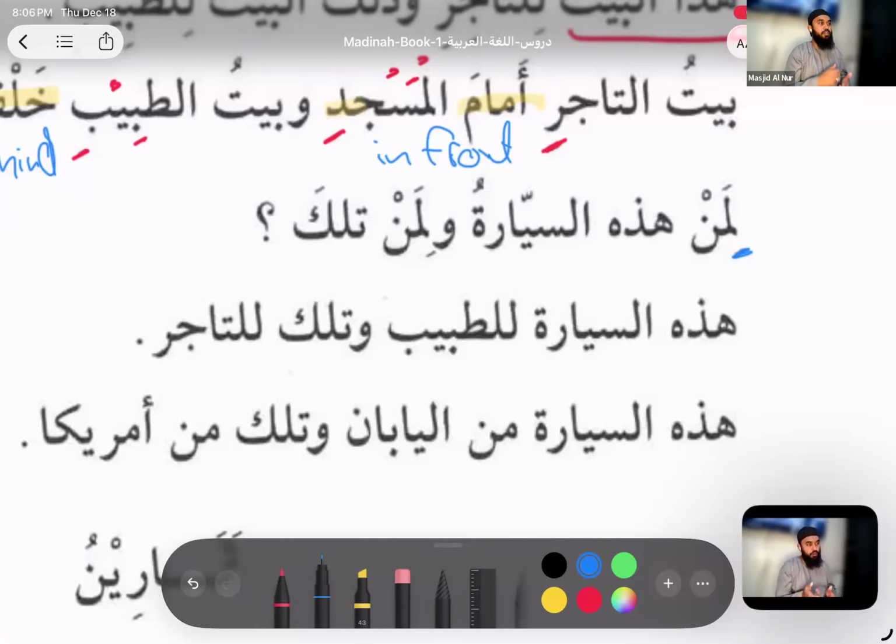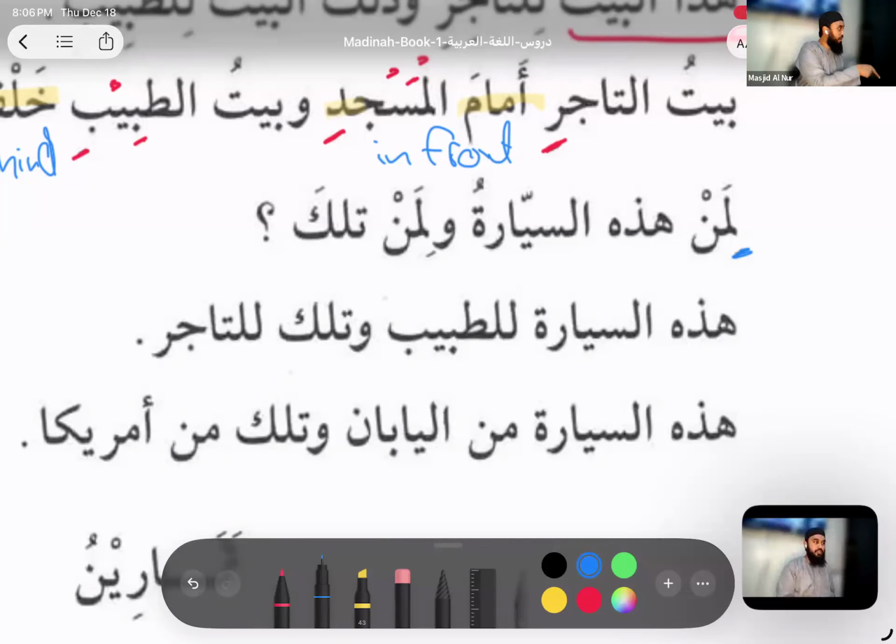Who is this car for? Okay. Who's this car for? And who is that? No, you have to say who is that for? You're missing the lam translation. It'll make a full sentence. وَلِمَنْ تِلْكَ. Understand the translation? لِمَنْ هَذِهِ السَّيَّارَةُ. Who is this car for? وَلِمَنْ تِلْكَ. And who is that for?